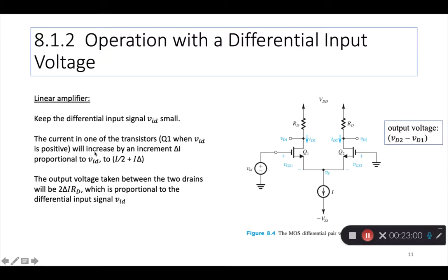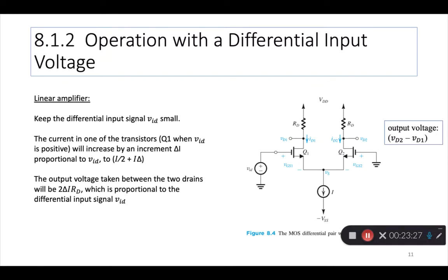The current will increase by an increment delta I proportional to VID. So in common mode, if you assume that they are equal, then in differential mode, the current here in one of the devices will be higher by a value I by 2 plus delta I.